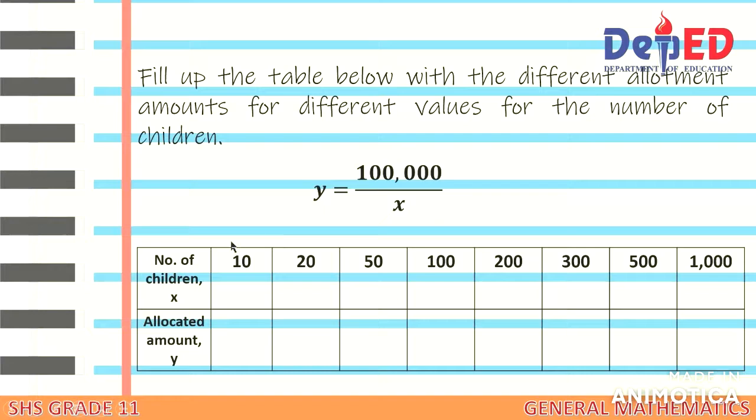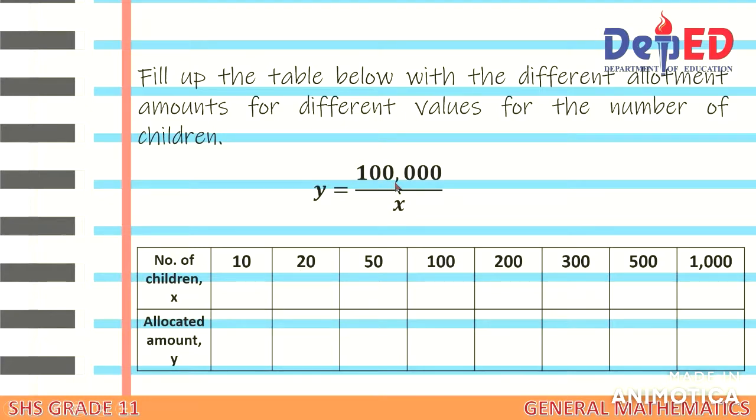Kunwari, 10 yung bata. Kunwari, 20. Kunwari, 50, 100, 200, 300, 500, and 1,000 na bata. So, kung 10 na bata yung maghahati-hati sa 100,000 pesos, tigmagkano yung bawat isang bata?